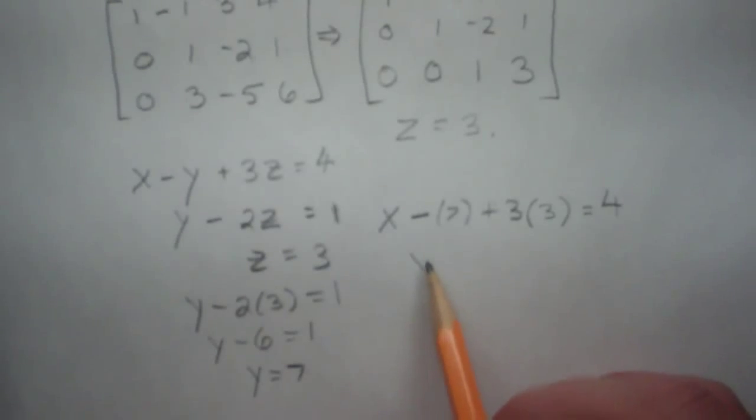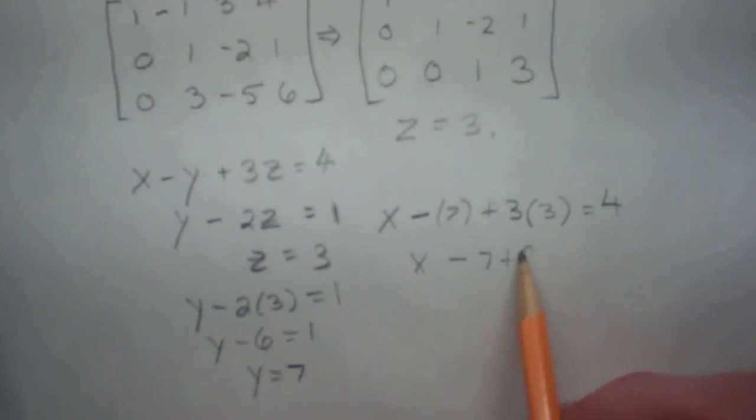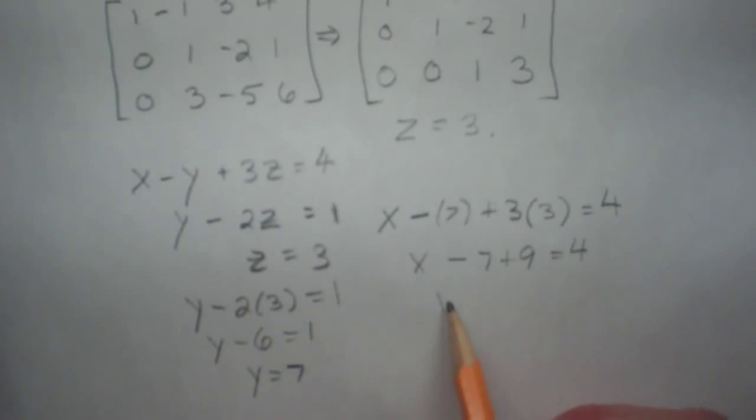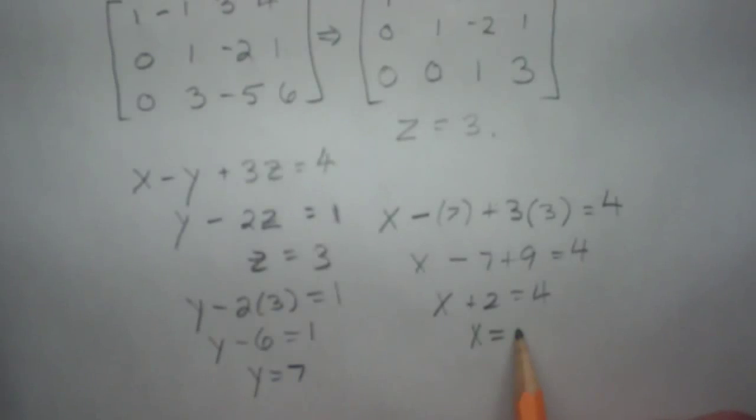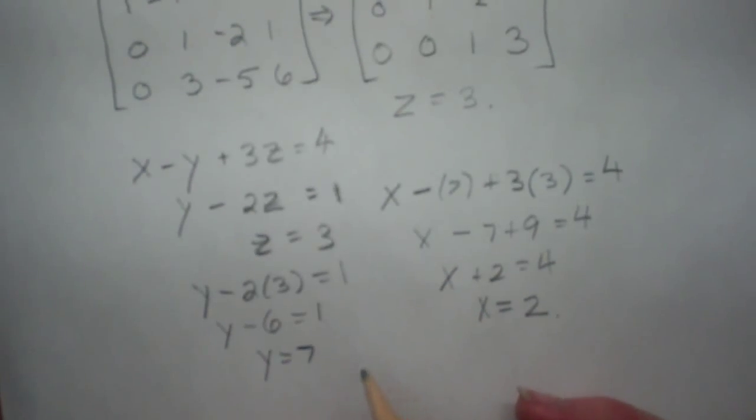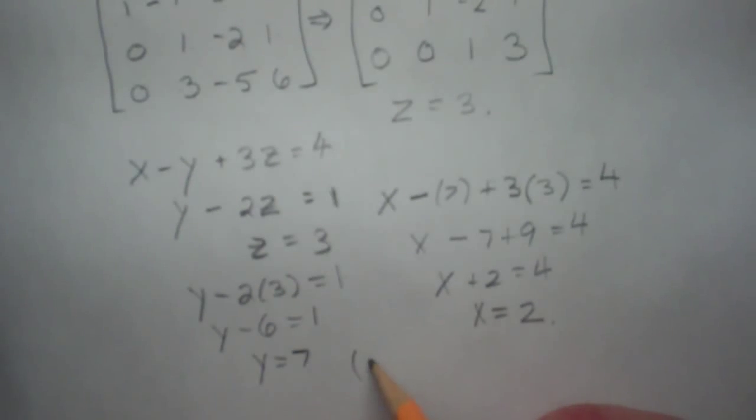This is telling us that x minus 7 plus 9 is equal to 4, which means that x plus 2 is equal to 4, which means that x is equal to 2. So now I have all 3 of the unknowns. We have our solution: 2, 7, and 3, for x, y, z.